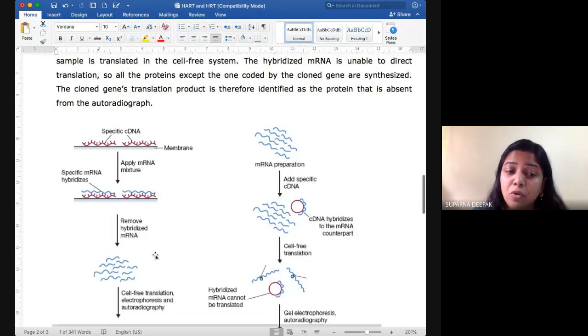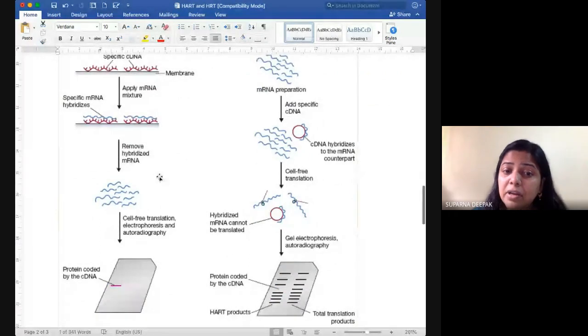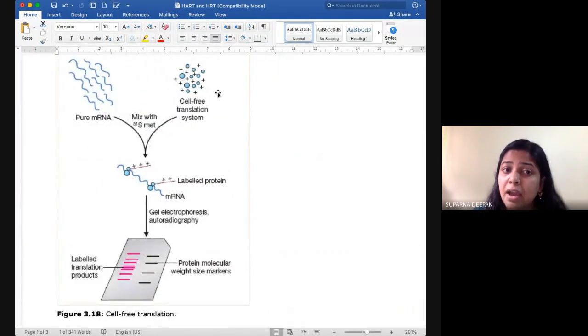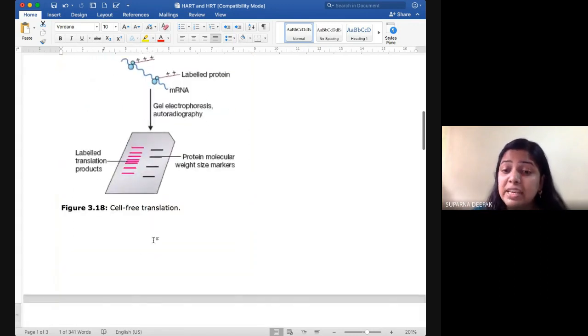Only that particular mRNA is going to be put in that cell-free extract, which we saw here. So here we are talking about pure mRNA, just understand you have only that one mRNA which is hybridizing with the cDNA that you have added for the selection.